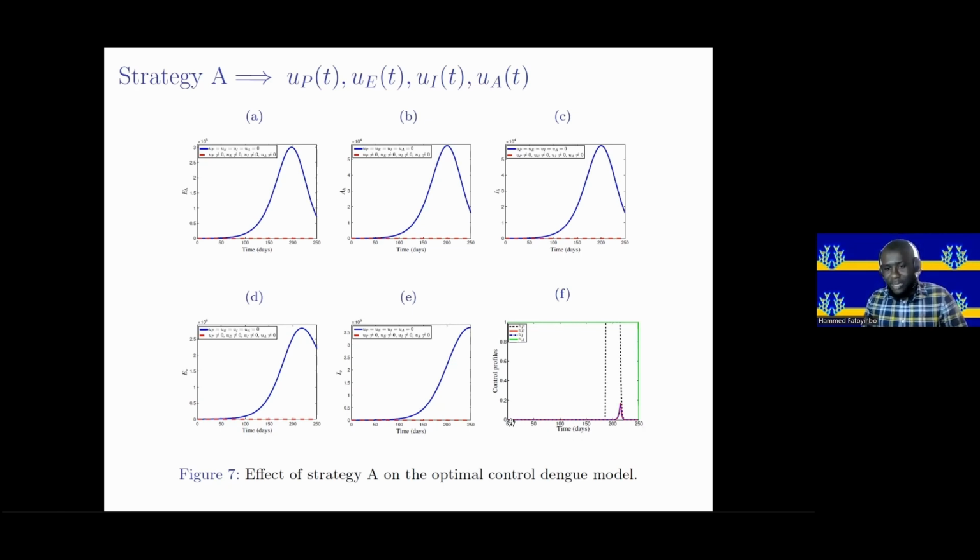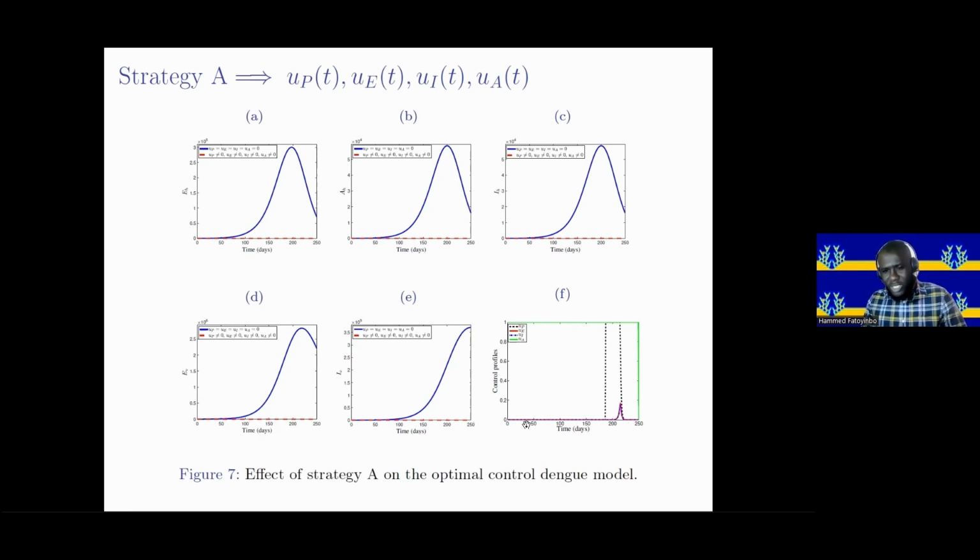From this control profile, we can see that the insecticide bed net should be in the lower band, which is 0, until around 180 days of our simulation time, when it needs to be introduced up to 100%, and it should be used maximally until around 220 days, whereby it goes back to the lower band.